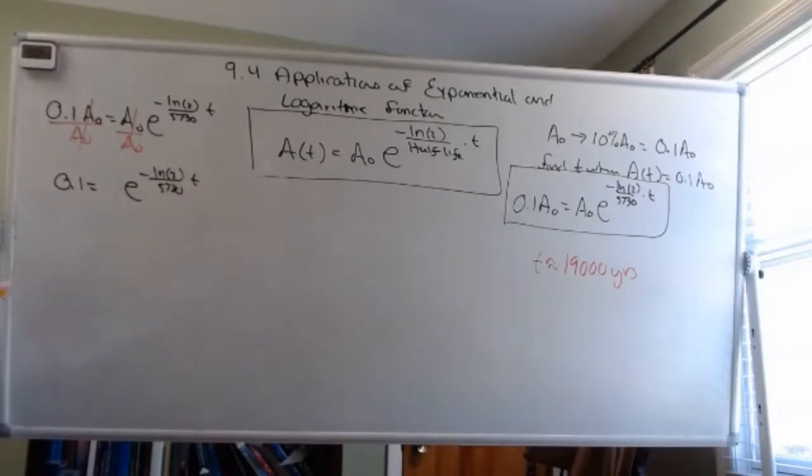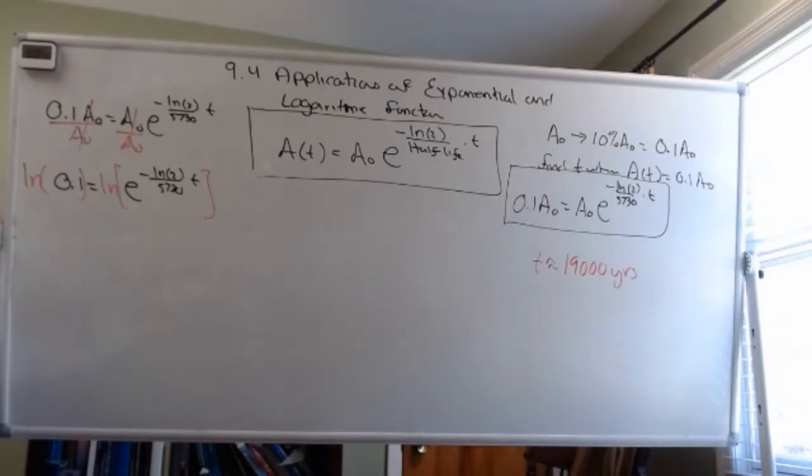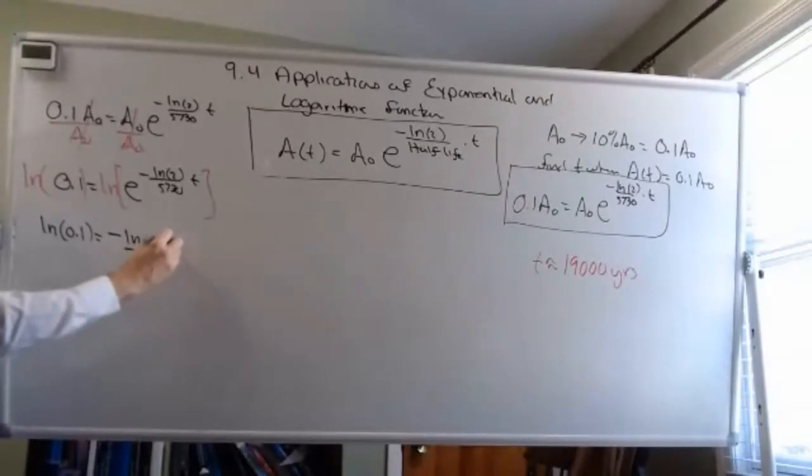I need to solve for t. How do I do that? I take the natural log of both sides. That gives me the natural log of 0.1. This cancels the exponential out and gives me minus the natural log of 2 over 5,730 times t.